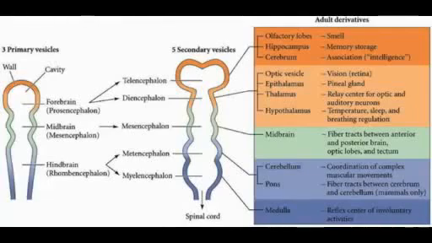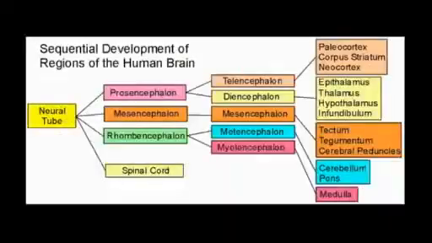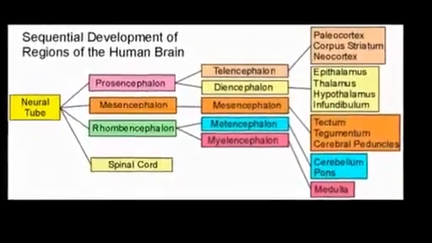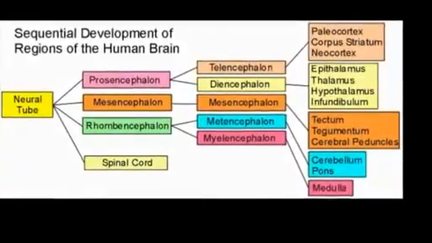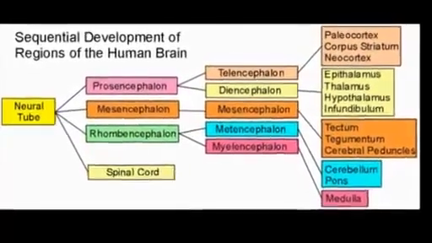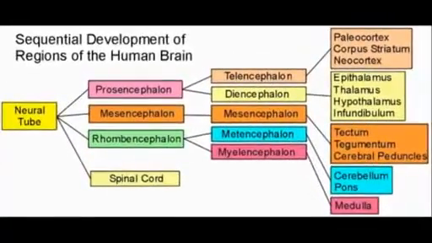It's number 9. This chart gives you all the derivatives of the embryology to the adult parts of the brain.